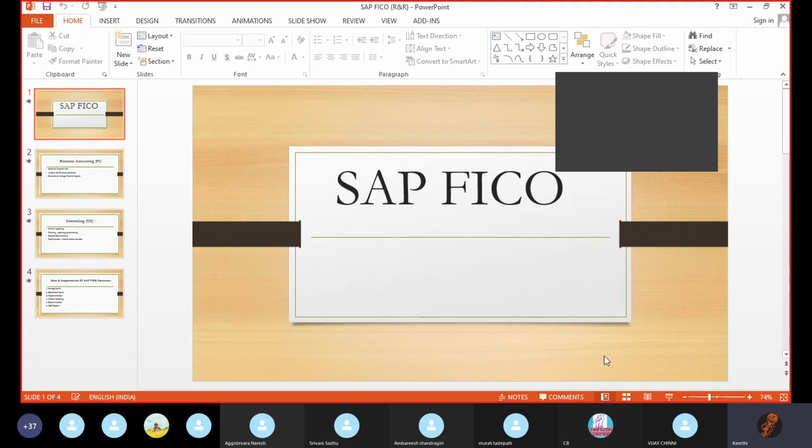Before discussing SAP FICO consultant roles and responsibilities, we can look into what SAP is. SAP is a German multinational software company. SAP stands for Systems, Applications and Products in Data Processing.